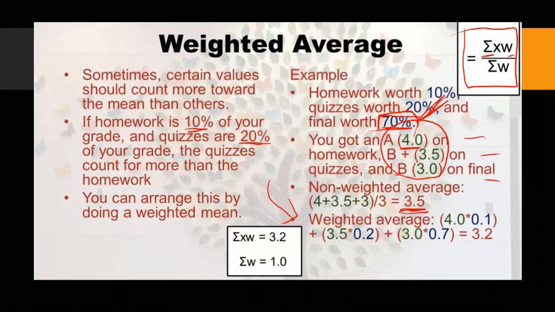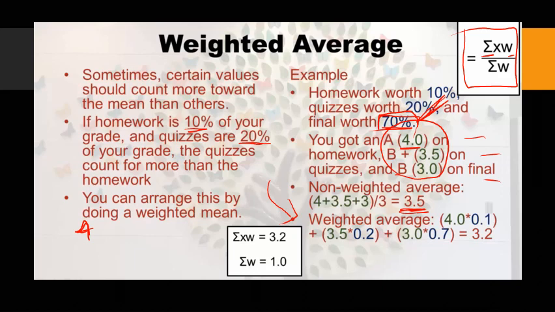All right, so the first one, your homework grade, your score on that one was a 4, right? And the weight of your homework is 10%.